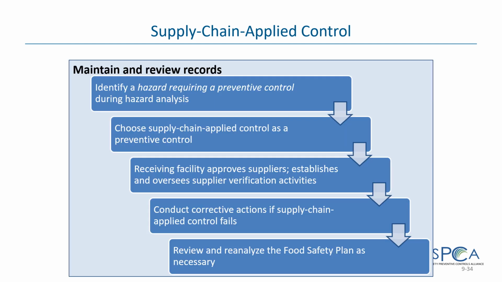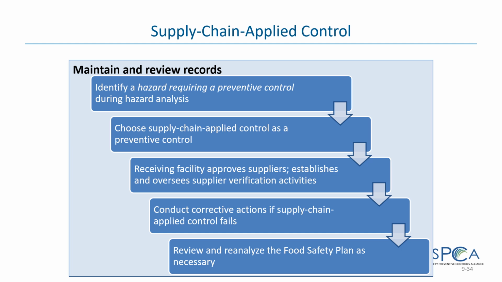This is a graphic that shows us some records flow, just reiterating how these things flow and what we need to do with them at each step. First and foremost, the records that we're starting with are the hazard analysis, the justification that we do have a hazard that needs a preventive control.